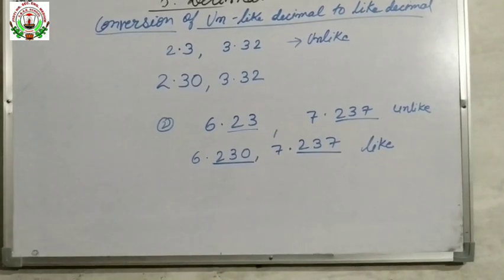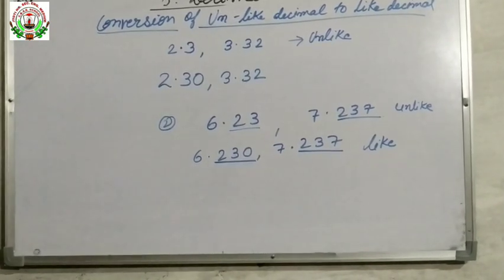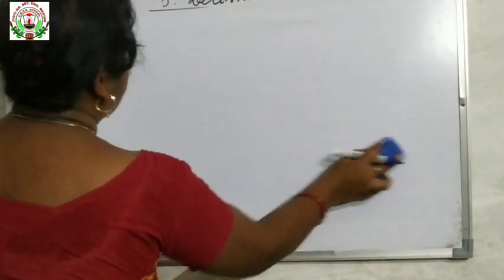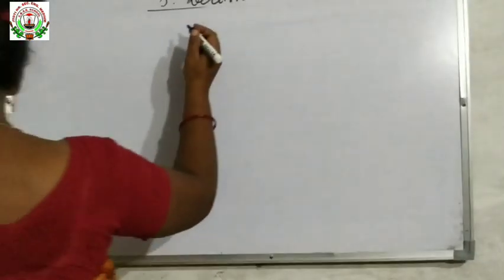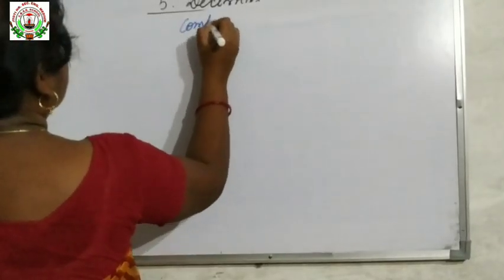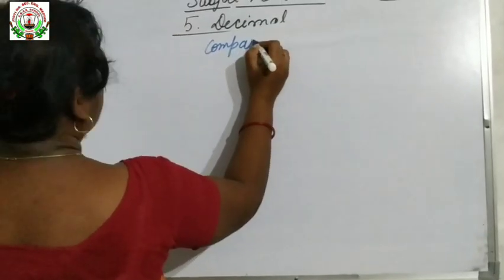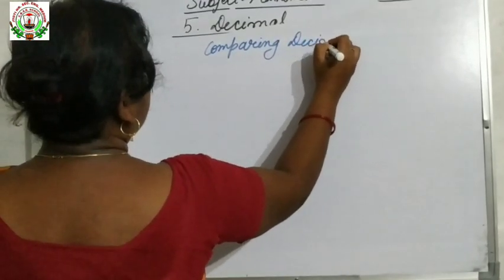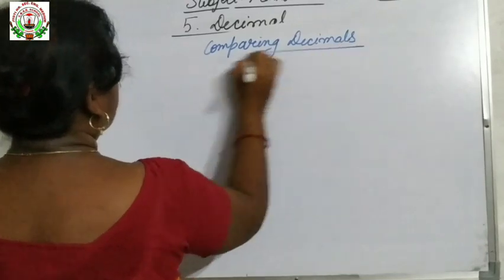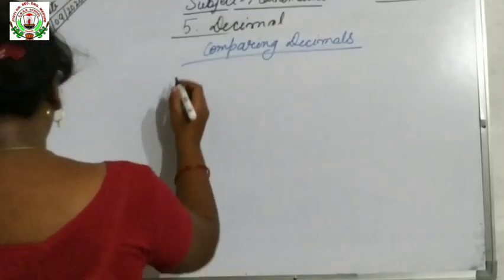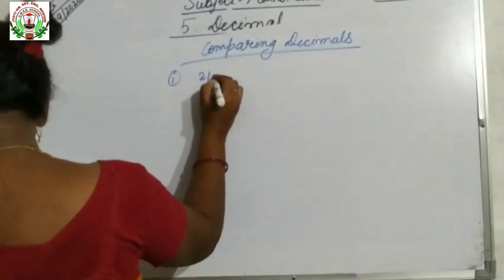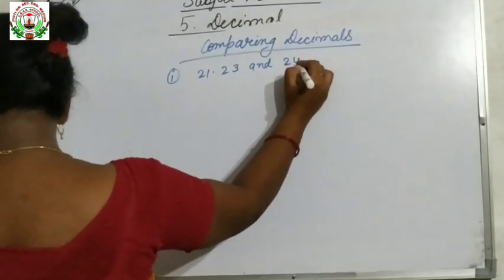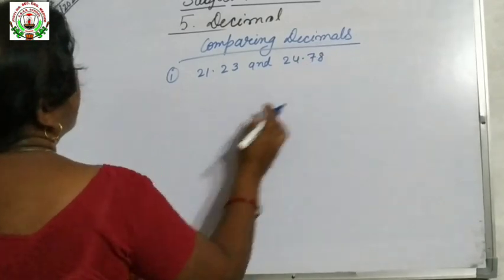It is clear. Now we will see the comparing of decimals. Now see, number 1: 21.23 and 24.78.